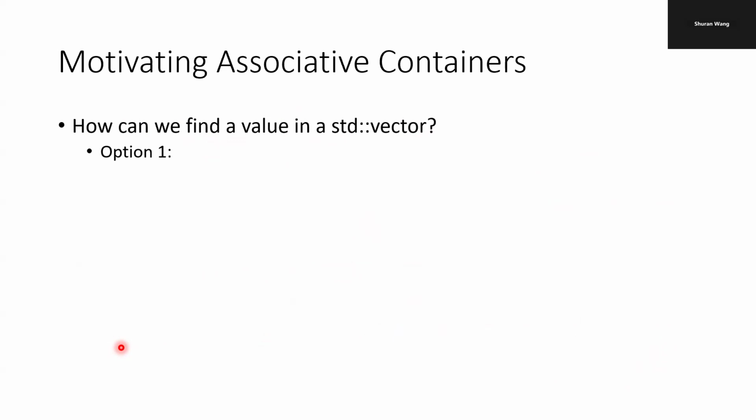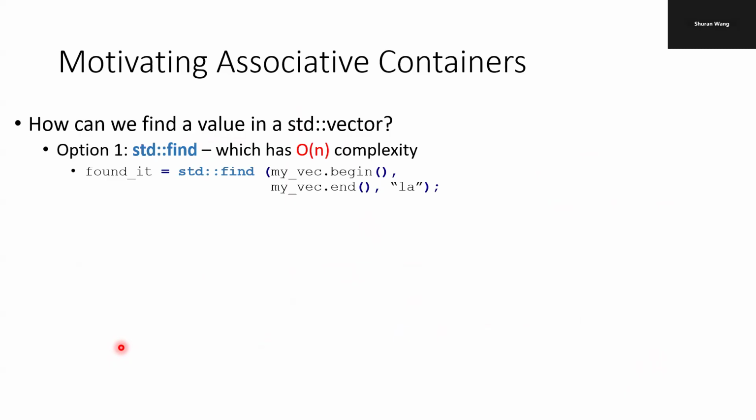So if we want to find a value in the vector container, option 1 is to use the std::find function defined in the STL. This find will loop from the iterator begin to the iterator end until you find the actual value.